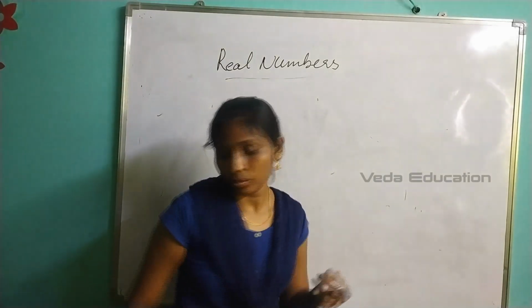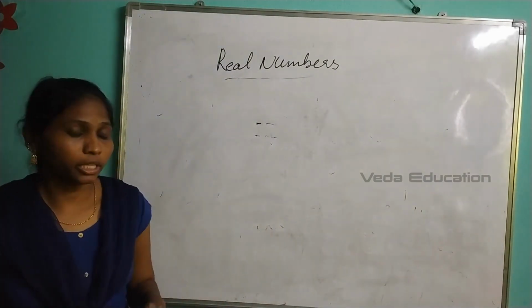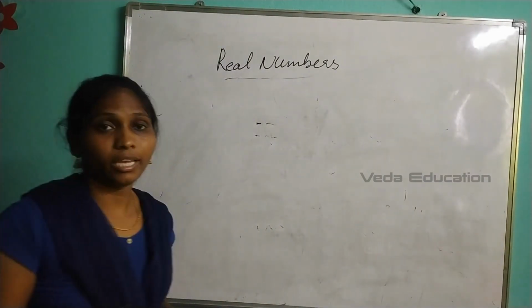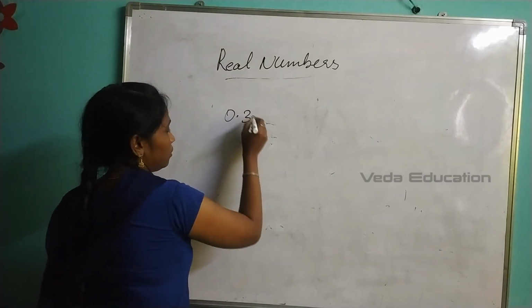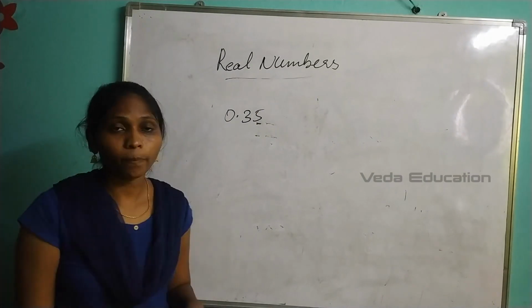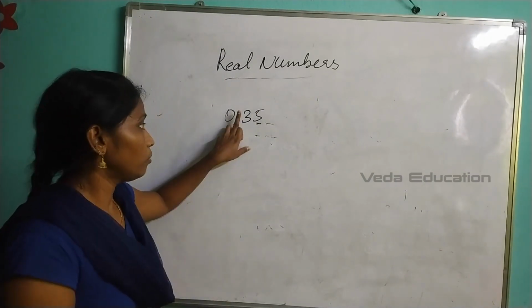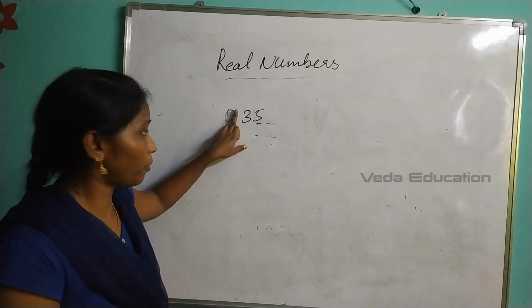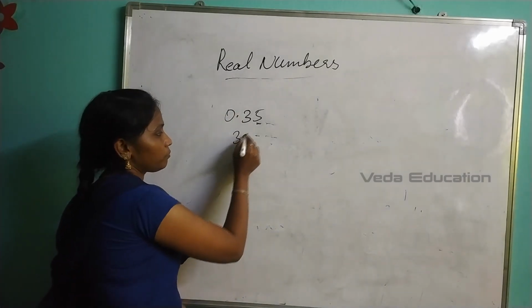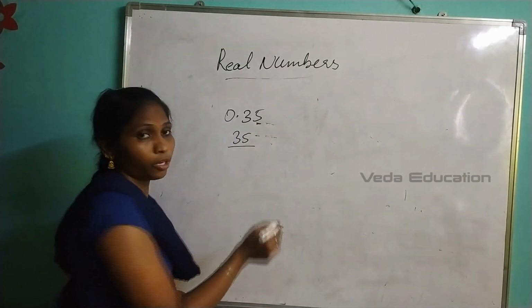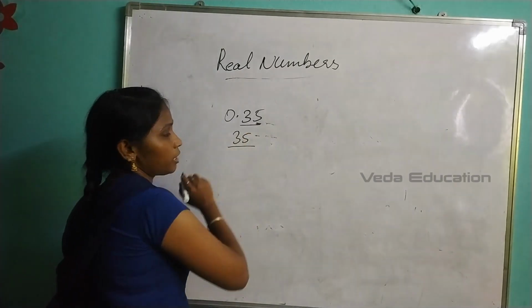Now before discussing the next topic, theorem 1.3, I will explain one example problem, that is 0.35. Imagine here we don't have the decimal point, so it becomes the number 35. Now write it in p by q form. After the decimal point, how many digits are there? 2 digits.